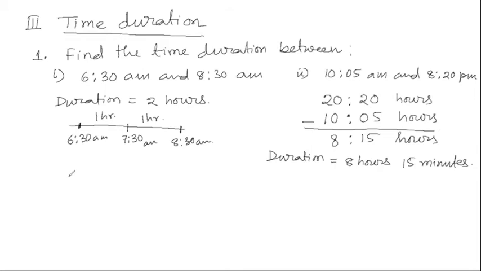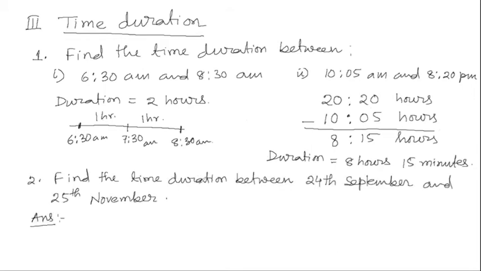Next example. How do we calculate the time duration between these two dates? First, calculate the number of days in September. September has 30 days, so from 24 to 30 is 7 days. Next, October: 31 days.